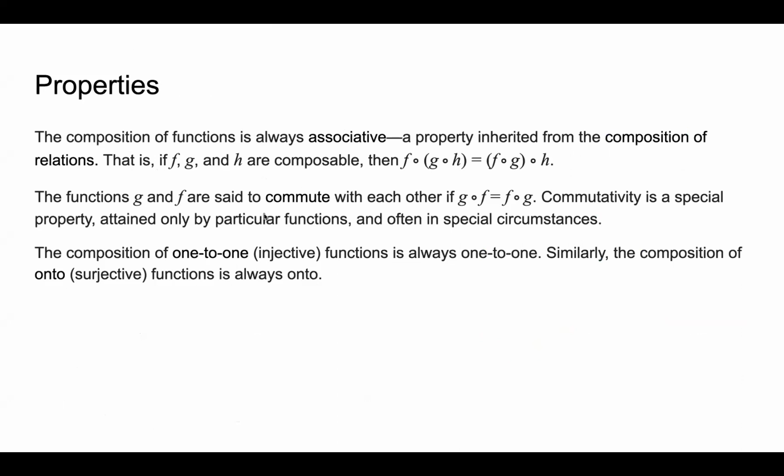In special cases, composition of functions is commutative, and the composition of one-to-one functions is always one-to-one, and composition of surjective functions is always onto. One-to-one means injective and surjective means onto function.